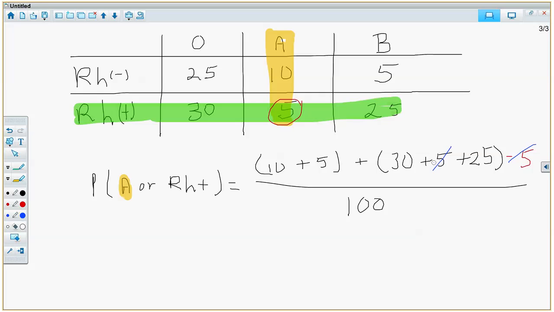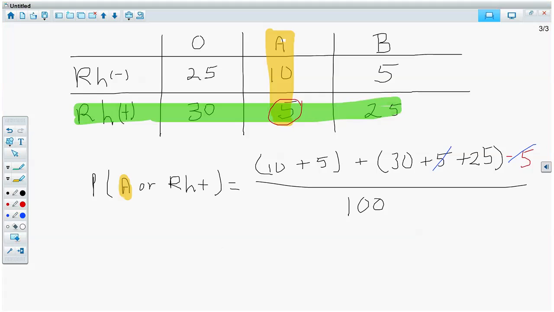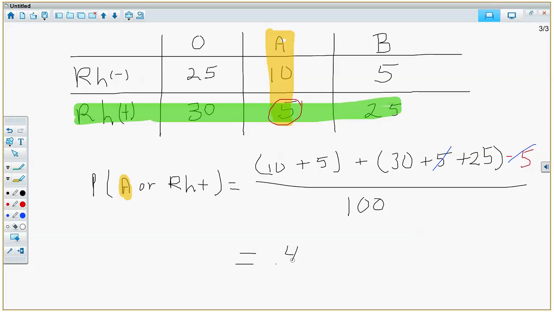And 25 plus 5 is 30, so that's a probability of point what? 0.4? Yes or no? Should be 0.4 or 40%.